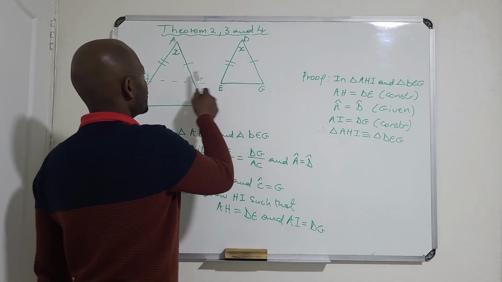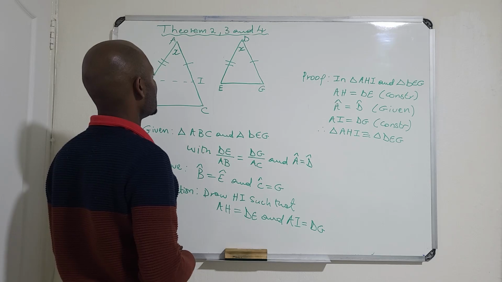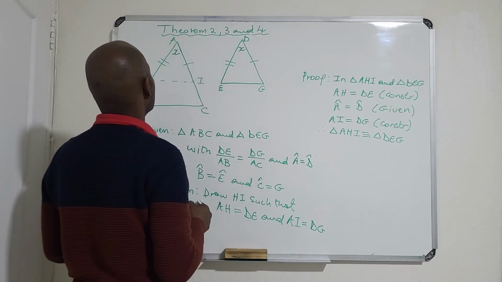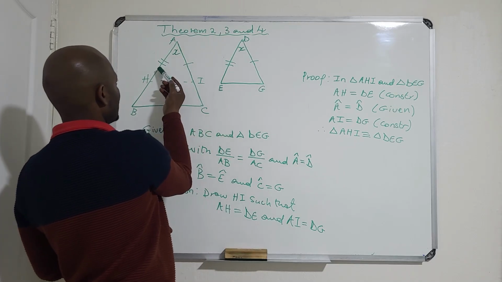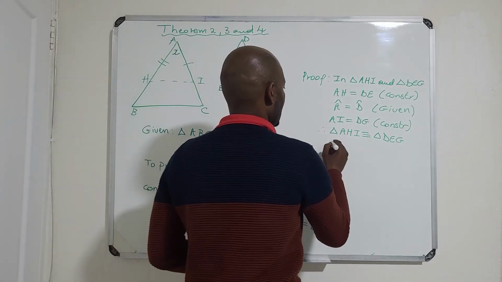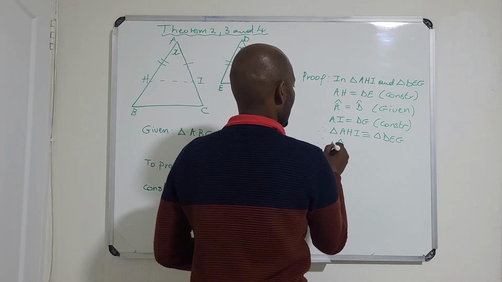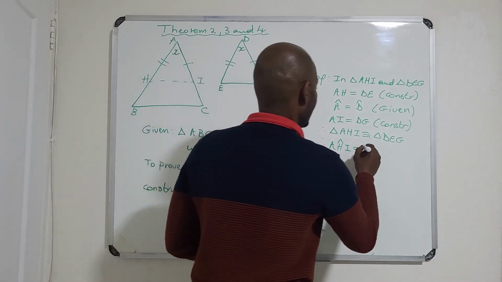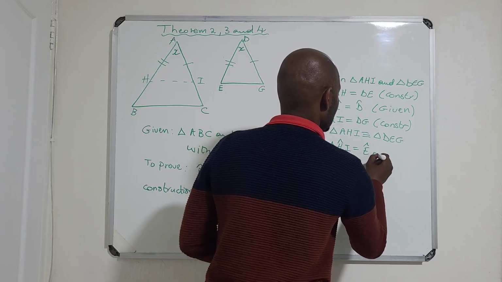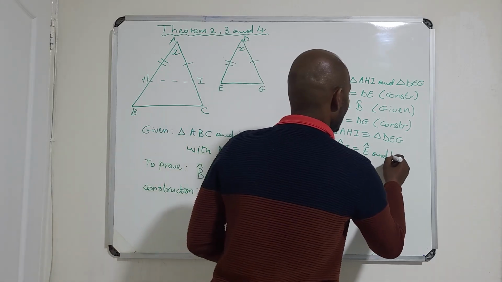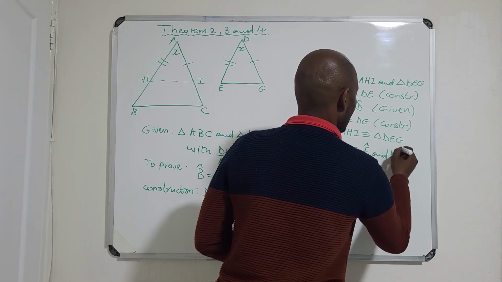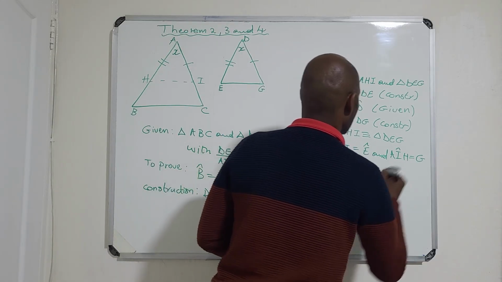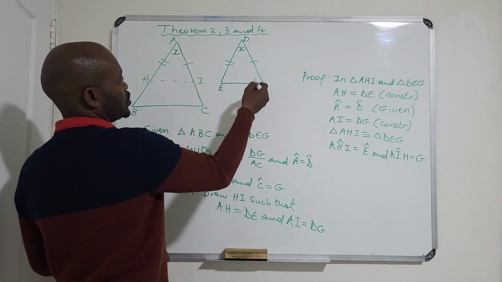Now, since the two triangles are congruent, this means that since these triangles are the same, angle AHI, which is this angle there, is equal to angle E. And angle AIH is equal to angle G. Therefore, this angle is equal to this angle.